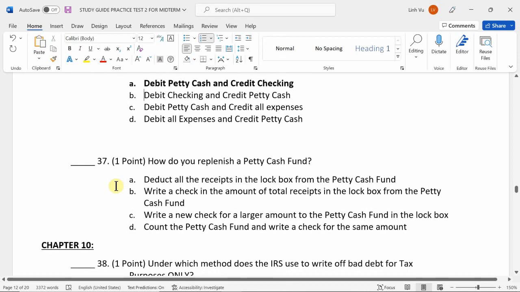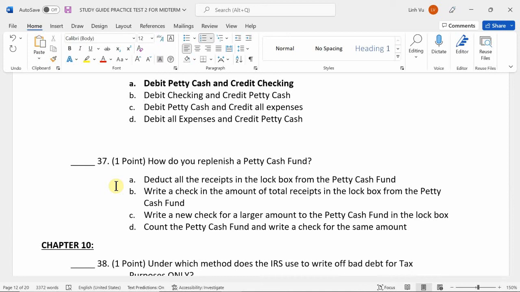Number 37, how do you replenish a petty cash fund? A, are you going to deduct all of the receipts in the lockbox from the petty cash fund? B says, are you going to write a check in the amount of the total receipts in the lockbox from the petty cash fund? That sounds most correct.